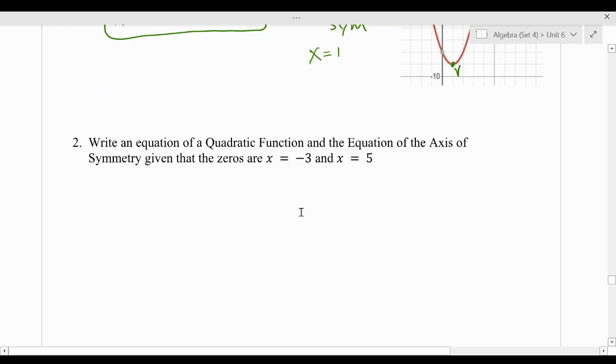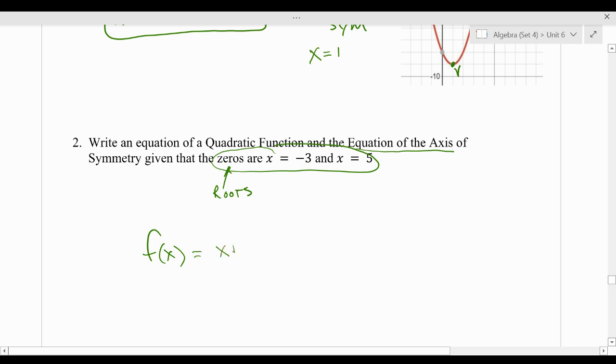Scrolling down to number 2, it says write an equation of a quadratic function and the equation of axis of symmetry where the zeros are, zeros is another way to say roots, right? Roots are x equals -3 and x equals 5. Well, remember, f of x, if we're writing this out as an equation, they lie, right? So these go in the parenthesis.